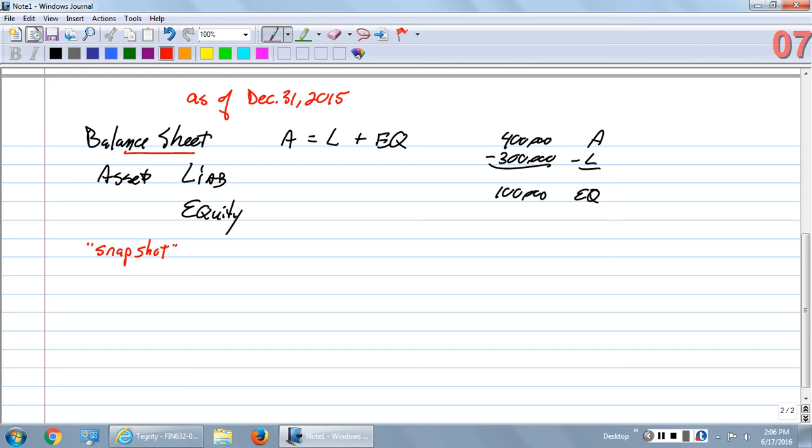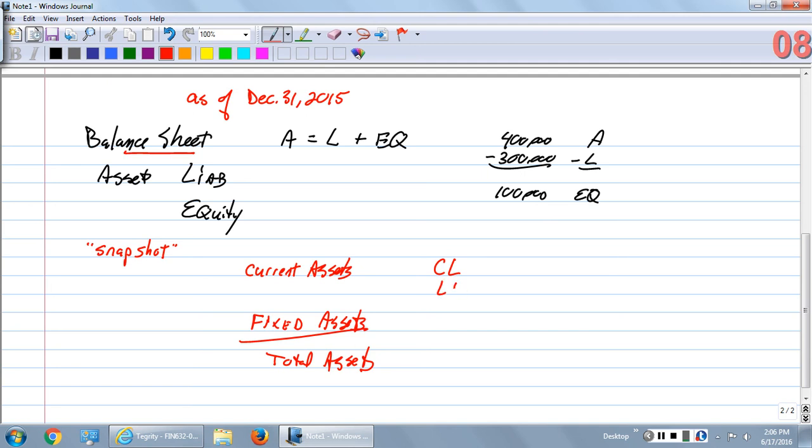On your balance sheet, you've got, again, assets, liabilities, and equity. So on your asset side, you're going to start at the top with the more liquid assets. So you're going to have current assets, then your fixed assets, and your current assets and your fixed assets are going to equal your total assets. All right. On the right hand side, you're going to have your liabilities, and you start with your current liabilities, which are those liabilities that we expect to pay within a year's time.